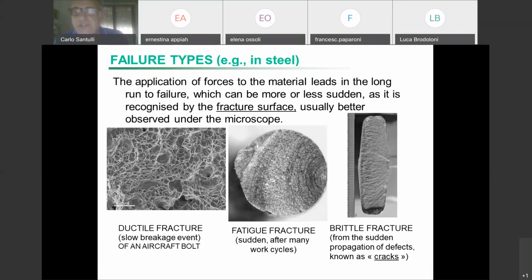Fatigue fracture in glass had quite important consequences. The studies on fatigue fracture in glass showed it is sudden, after a number of cycles, but even at low load.